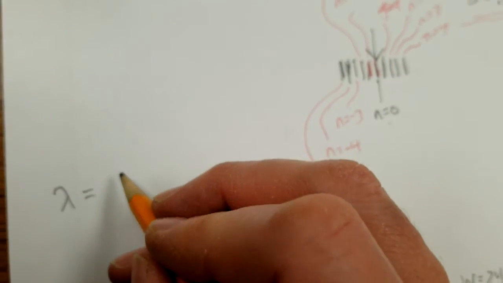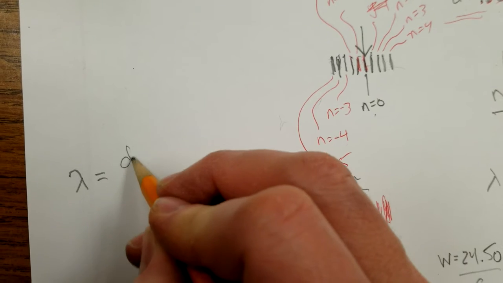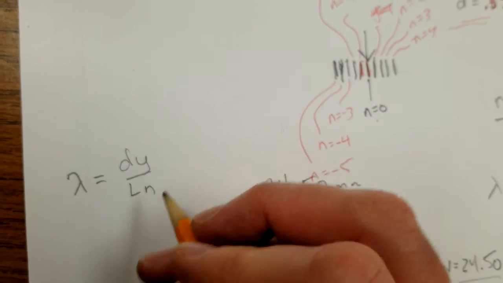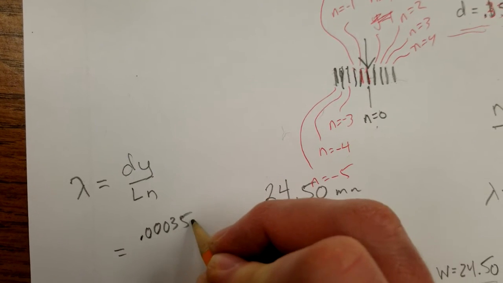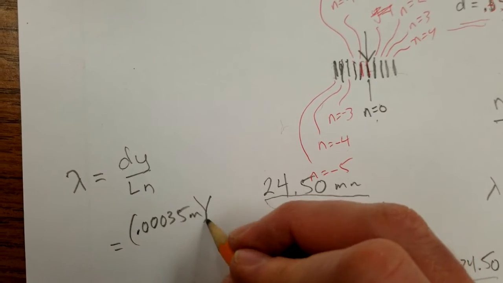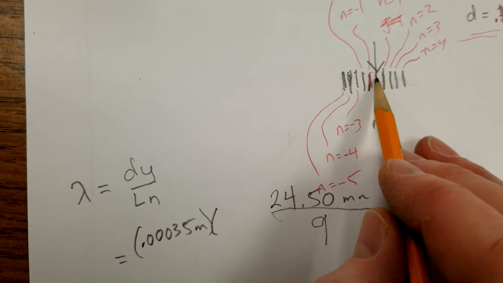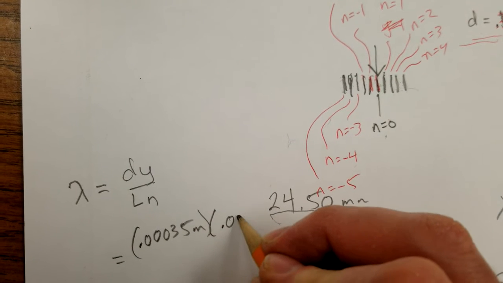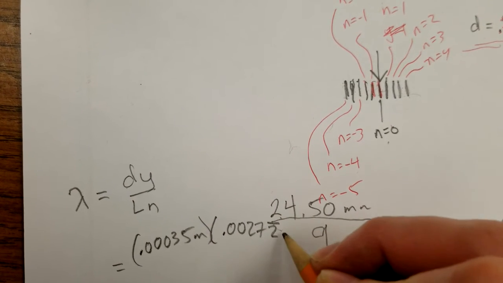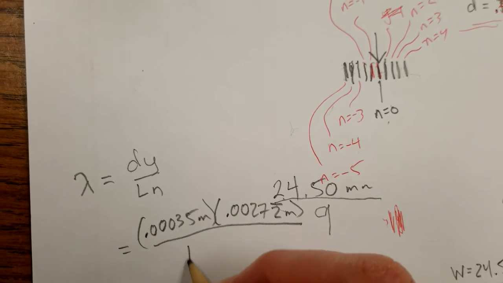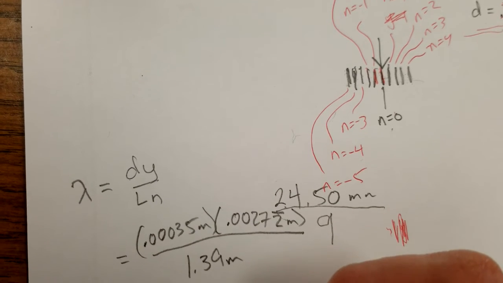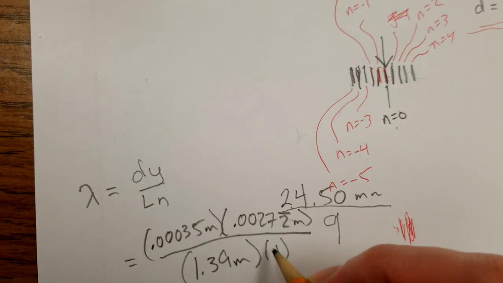Plugging it into our equation, the wavelength is equal to d y over L n. I'm going to let n equal 1. Our d, the distance between the slits, is 0.00035 meters, times y, the distance between the bright spots, 0.00272 repeating meters, divided by L, the distance to the board, 1.39 meters, times n, which I chose to be 1.